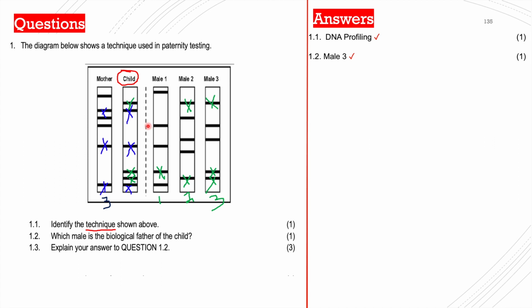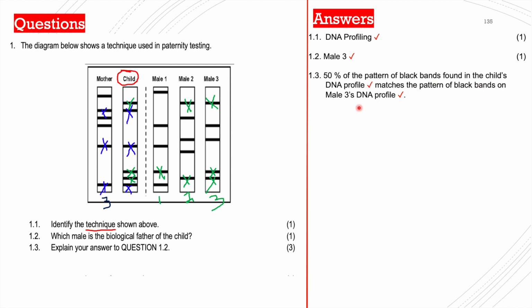Okay, how you are supposed to answer this is like this. 50% of what? Of the pattern of black bars or the pattern of black bands, you can say black bars or black bands, found on the child's DNA profile. So 50% of the pattern of black bands found on the child's DNA profile, so this DNA profile, matches the pattern of black bands on male 3's DNA profile.